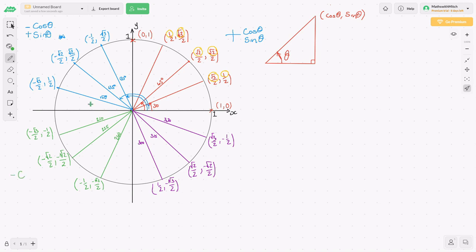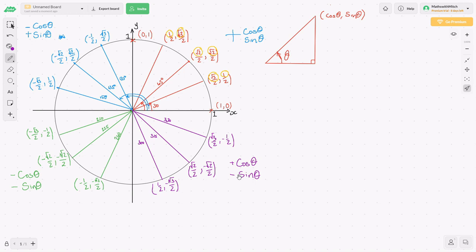So that means we have a negative in terms of cos theta and a negative in terms of sine theta. And that leaves us with purple, where we are positive for cos theta and negative for sine theta.